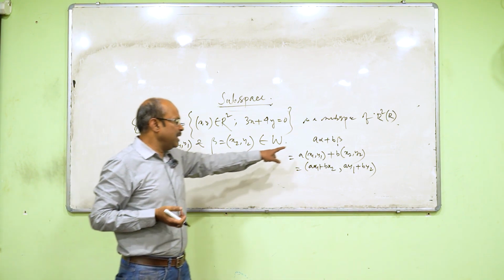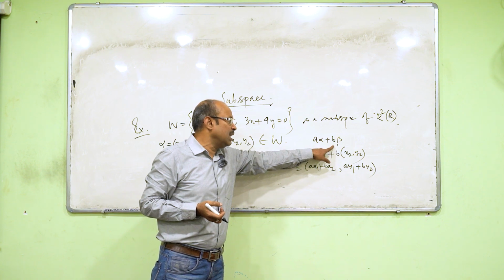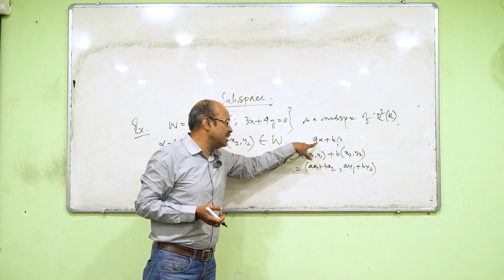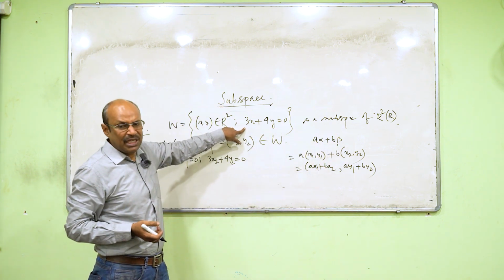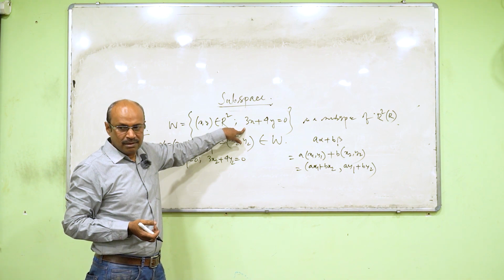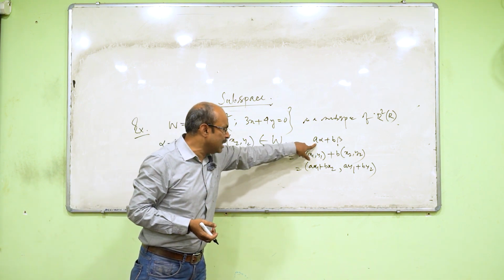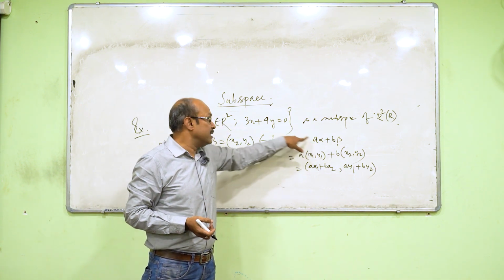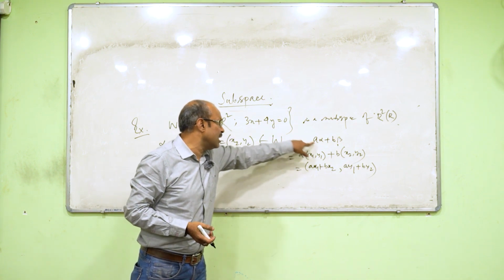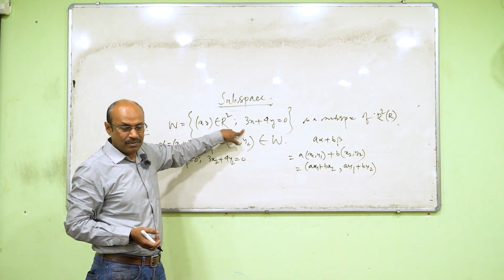But if A alpha plus B beta belongs to capital W, then this vector must satisfy the relation.